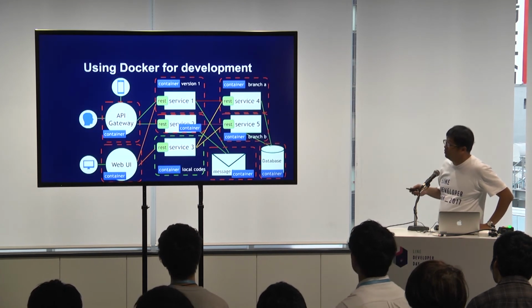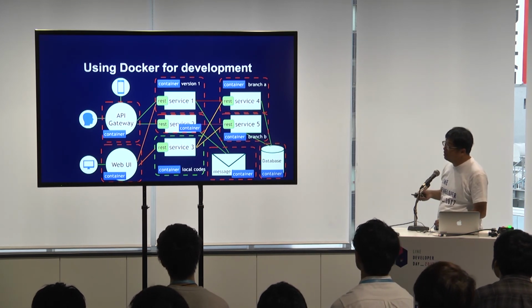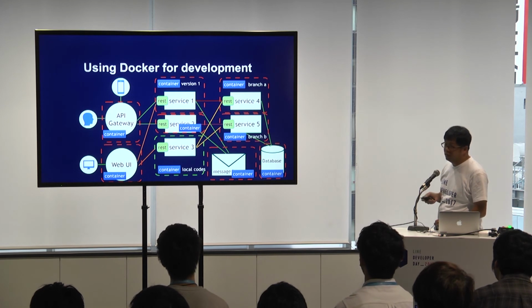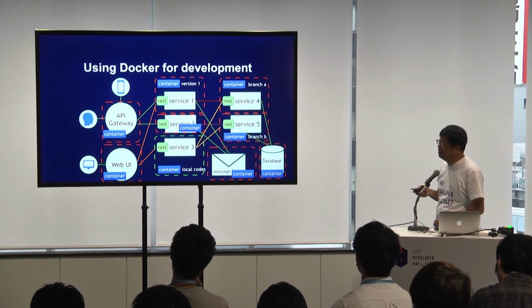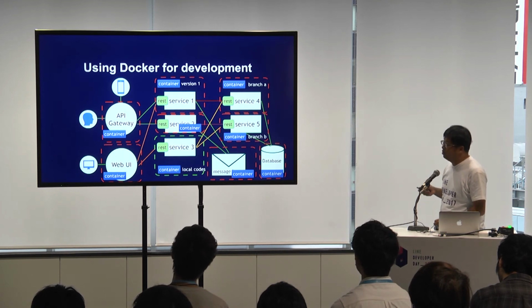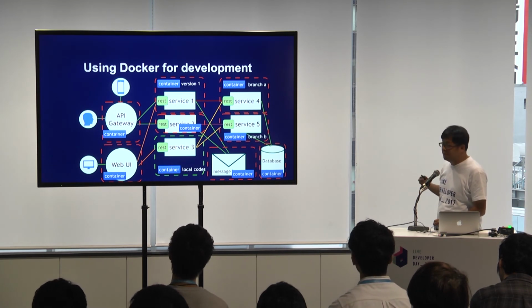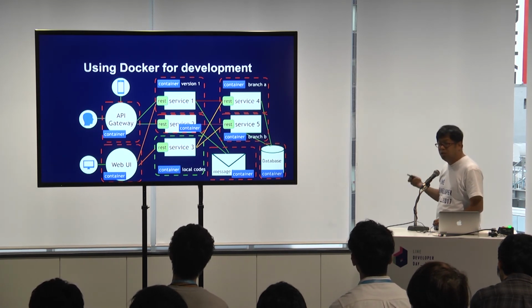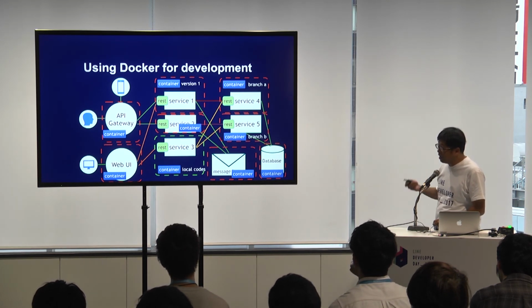This is the example. From the diagram, we can see that we pack each service into a Docker container. For example, we have service 1 as a container, service 2 as another container, and service 3 as another container. As the developer of service 3, I want to run my code on my local computer.